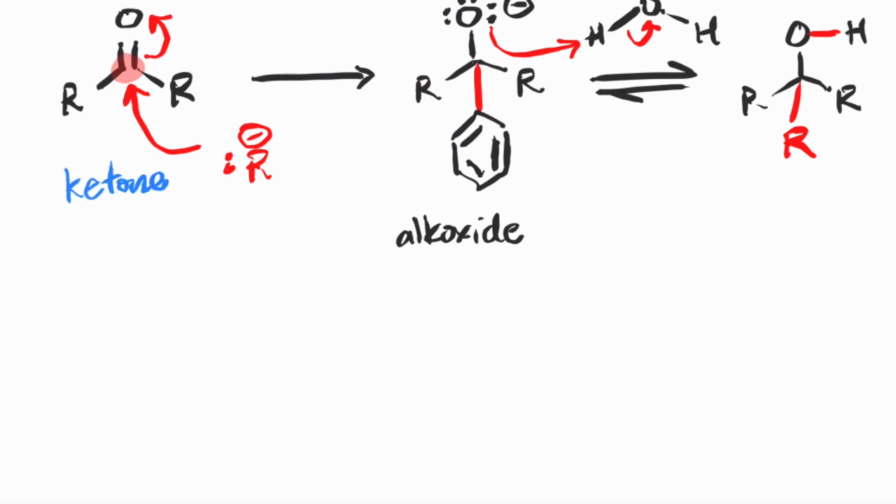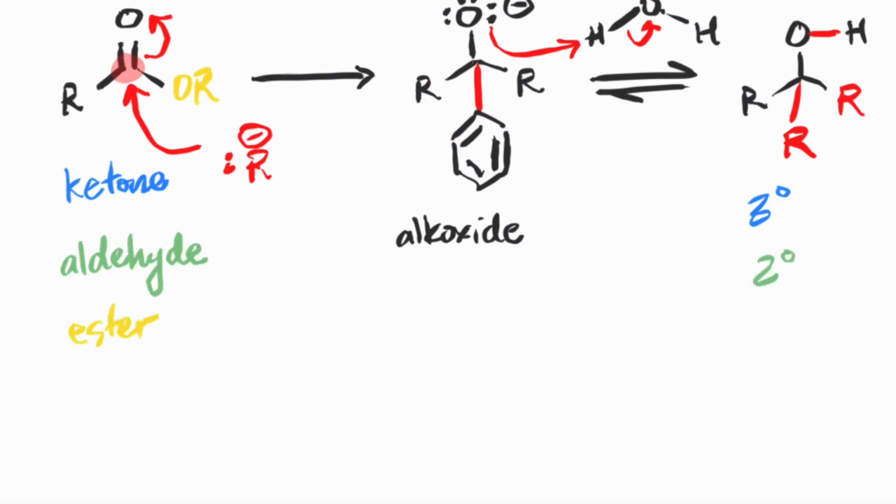So if you started with a ketone, you would end up with a tertiary alcohol, and if you started with an aldehyde, you would end up with a secondary alcohol. And if you started with an ester, you also end up with a tertiary alcohol, but it turns out the Grignard reagent, the carbanion group, will be added twice.